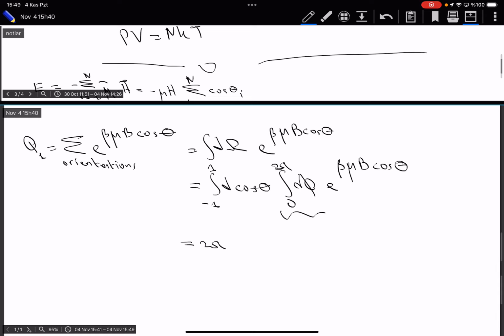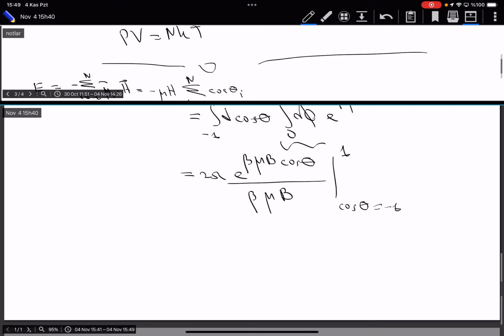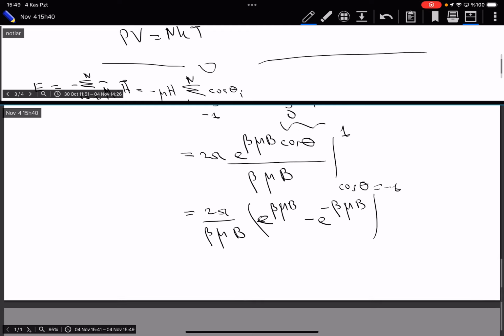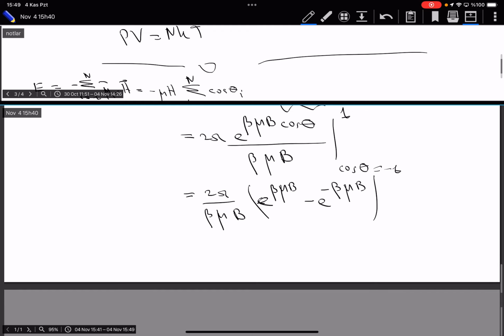The integral over cosine theta will be e to the power beta mu B cosine theta over beta mu B, when cosine theta changes from minus 1 to 1. So we have 2 pi over beta mu B times e to the power beta mu B minus e to the power minus beta mu B. Well, basically this is it.